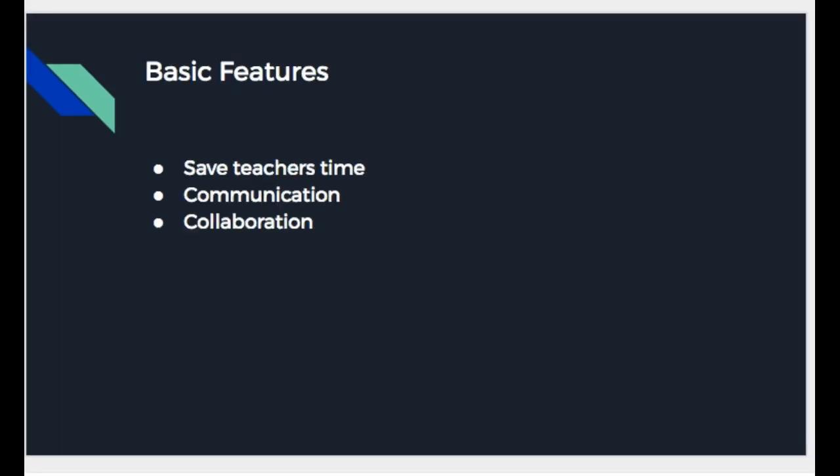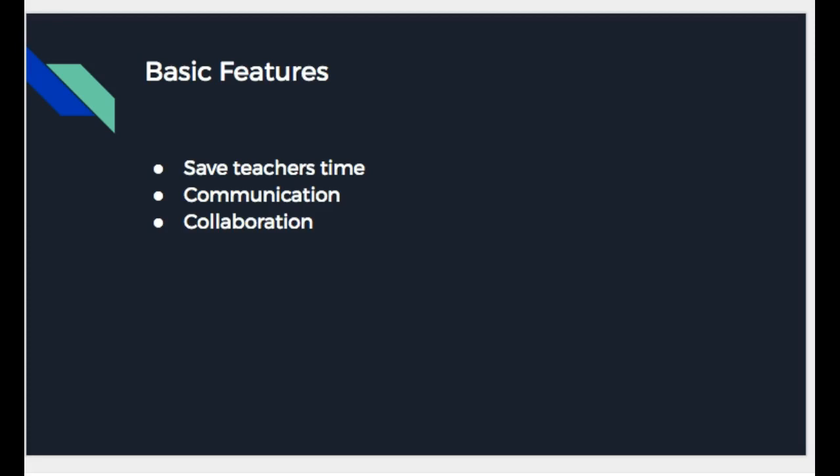Some of the basic features of Google Classroom are: one, it saves you time as a teacher. You can easily add students, you can manage multiple classes, you can co-teach with other teachers, you can have up to 20 instructors in a course. You can have rich assignment materials. You can add videos and links and docs to help your students.